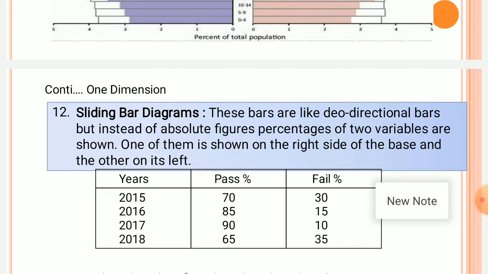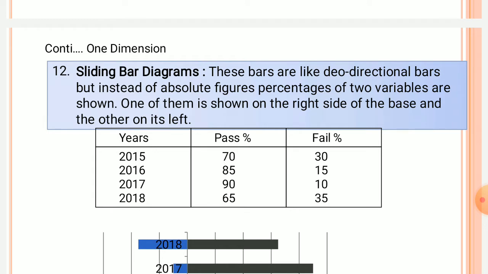One of them is shown on the right side of the base and the other on its left.